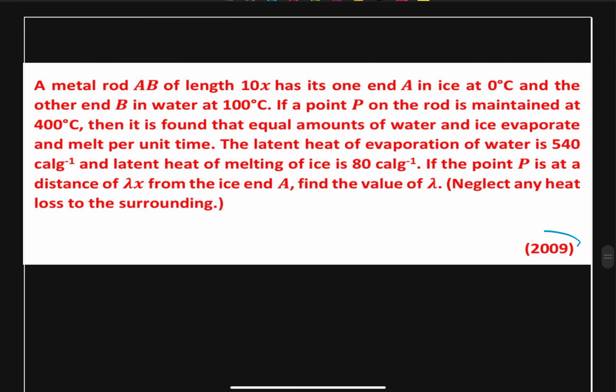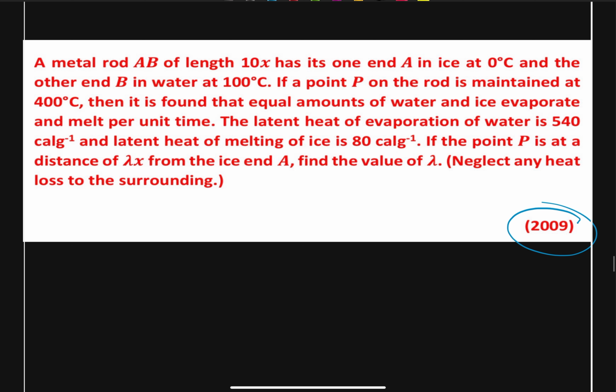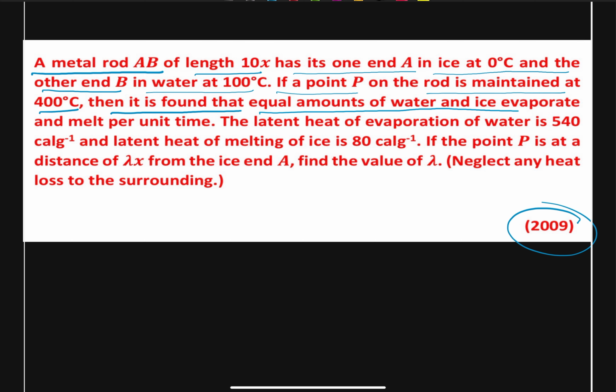It was asked in the year 2009, and it states that a metal rod AB of length 10x has one end A in ice at 0 degree centigrade and the other end B in water at 100 degree centigrade. If a point P on the rod is maintained at 400 degree centigrade, then it is found that equal amounts of water and ice evaporate and melt per unit time.